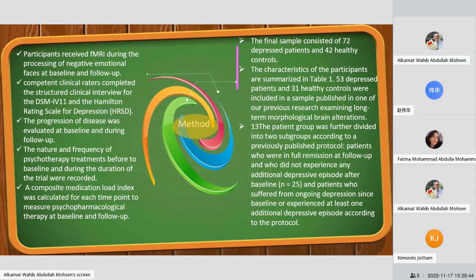So the final sample consists of 72 depression patients and 42 healthy controls. The characteristics of the participants are summarized in the table. We will show it later.